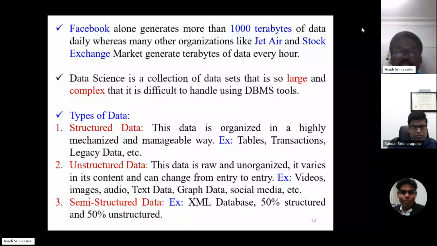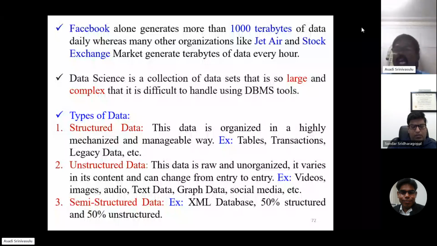Unstructured data is handled with non-relational database tools like MongoDB, Hive, HBase, Zookeeper, Oozie, Cassandra, etc. This data is raw and unorganized, and it varies in content, maybe audio, video, text, graphics, animation kind of data. There is no label, no structure, no schema, but we maintain the data with the help of various non-relational database tools.